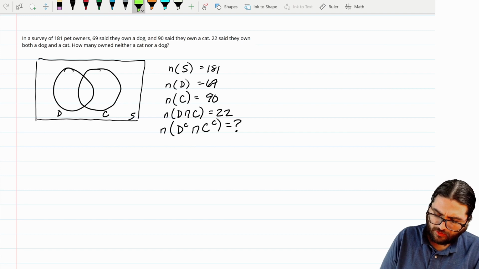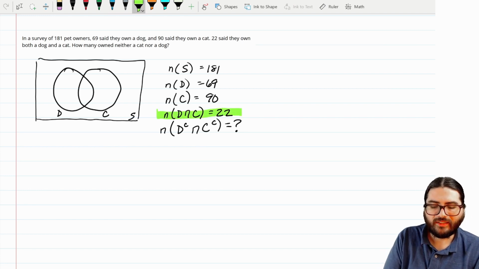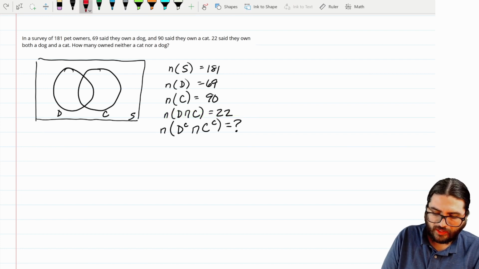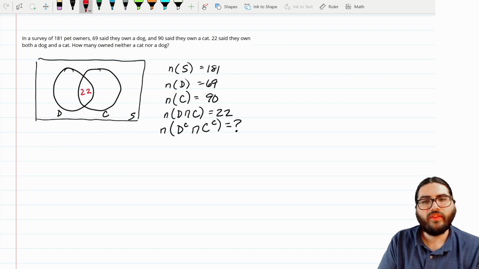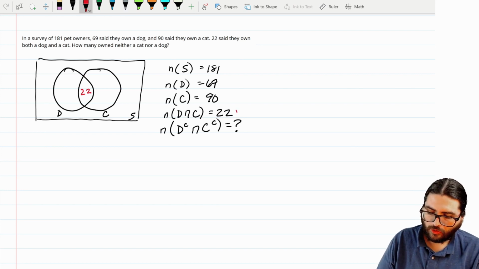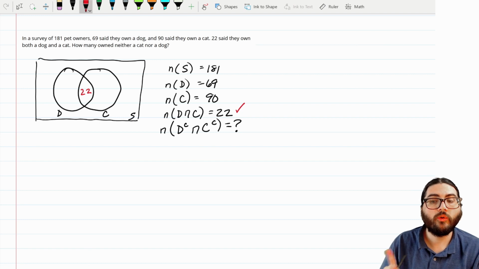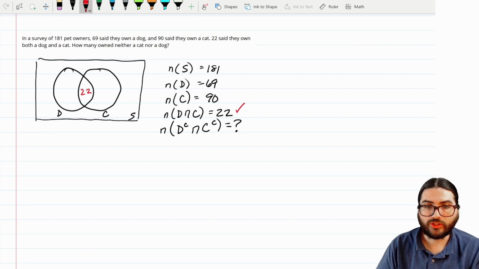And that is this piece of information here. Intersection D and C. In my picture, that is here in the middle. That is 22. Notice how that piece of information applied only to that one subregion. That's the reason I could directly label it in my picture. For the other ones, it won't be quite so easy.